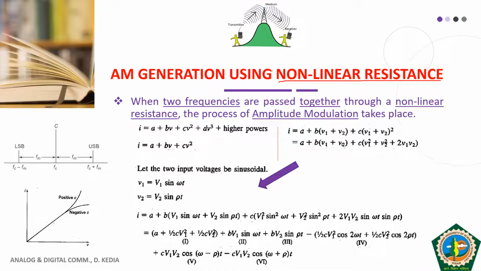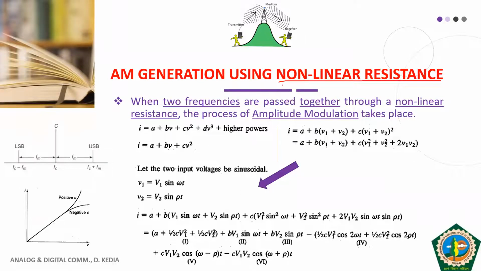If you remember, in the previous one we used one trigonometric identity, that if we have sine A sine B, then by multiplying two sinusoidal signals, we get cosine of (omega C minus omega M) and cosine of (omega C plus omega M). Now let us look at one more technique or method, and that is using non-linear resistance.